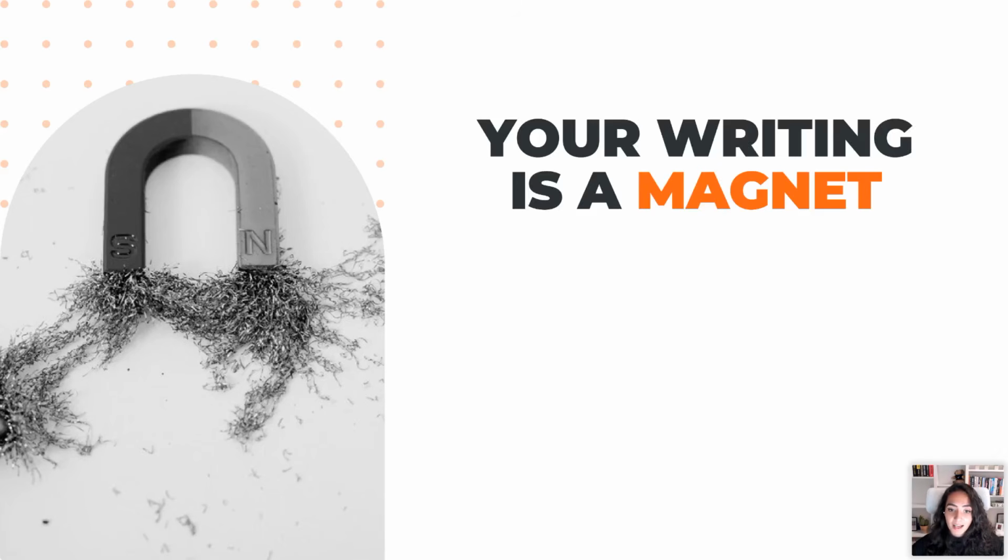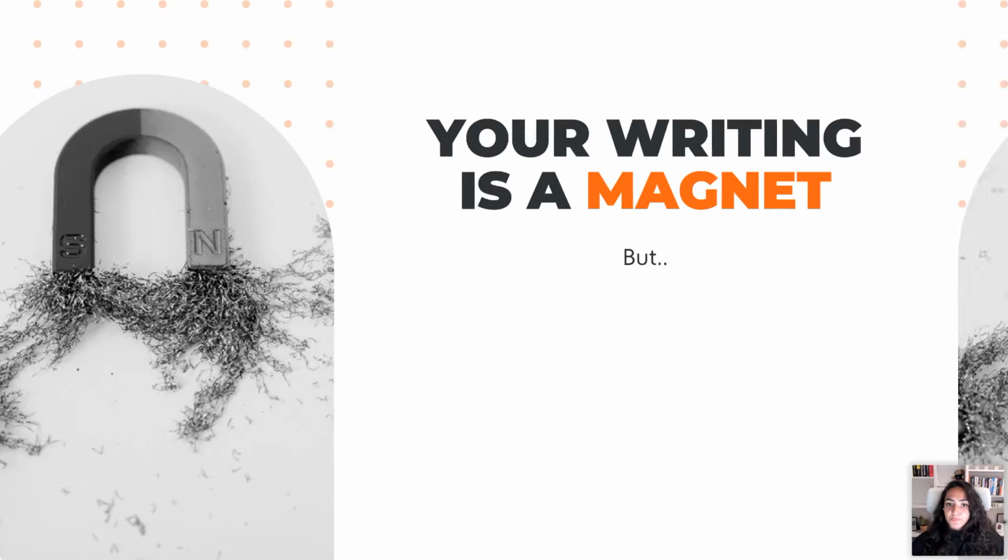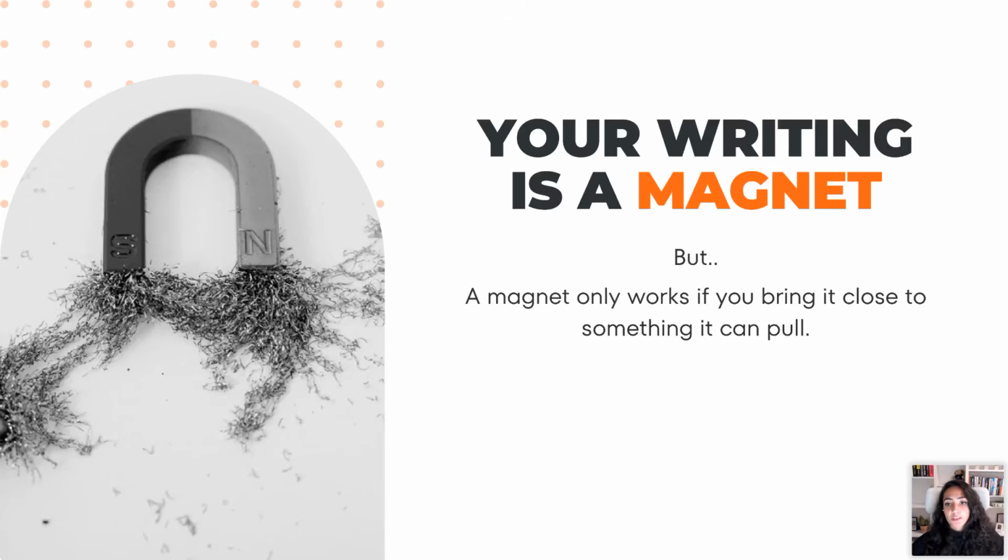Now, the challenge with that is a magnet only works if you bring it close to something it can pull. If I write in my personal journal and in my personal diary, and I keep that journal in my living room and I never put it out there, I might have written a fantastic story or a fantastic newsletter, but nobody will see it.